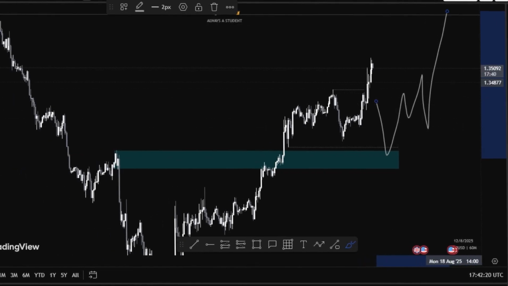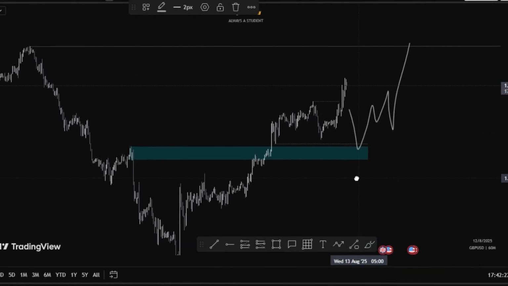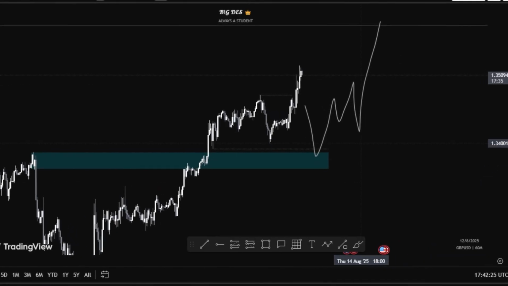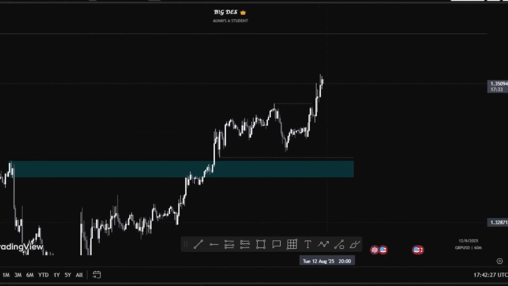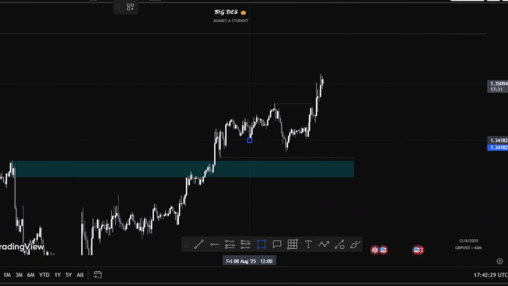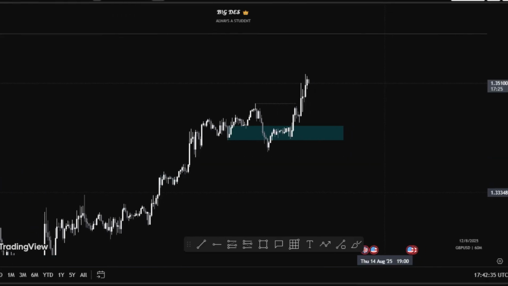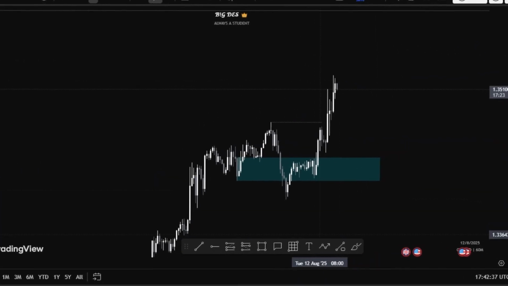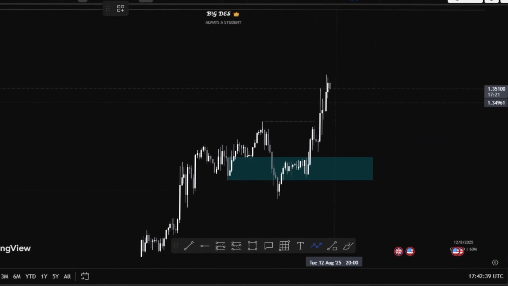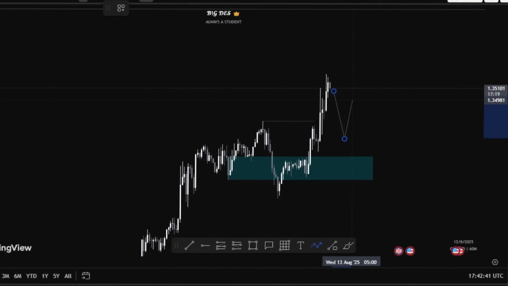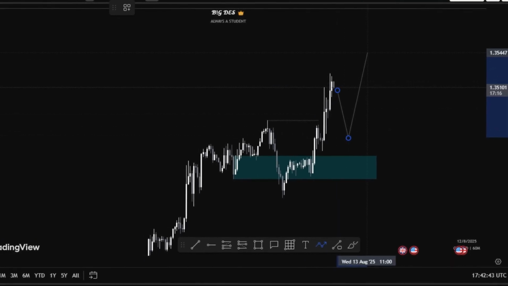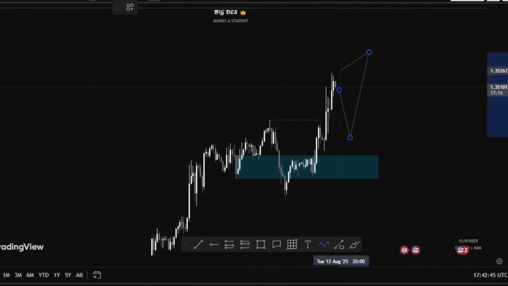So now it's two areas I'm looking at, because this area right here looks very obvious. It looks very obvious to me that price could just come down into this and then pump, taking out this highs, breaking this high over here.